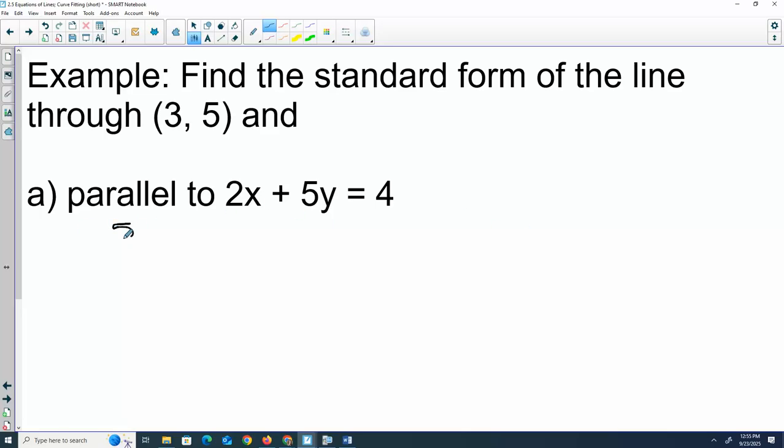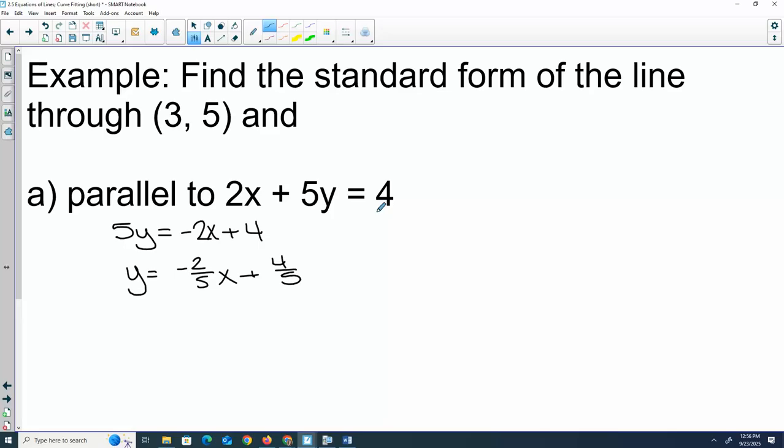So if we get y by itself, divide everything by 5. What does parallel tell me? They have the same slope. Okay, so what is the slope of this line? Negative 2/5. So the line parallel to it will also have a slope of negative 2/5.